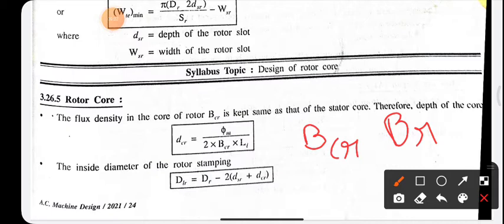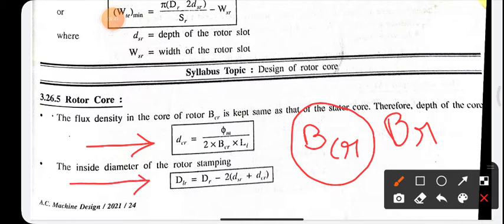The depth of the core is given by φm, the flux per pole, upon 2 into Bcr, the flux density in the rotor core, and Li, the length. The inside diameter of the rotor stamping is given by DLR equals Dr minus 2(dsr plus dcr), where dcr is the depth of the core. So this was the design of the rotor core.